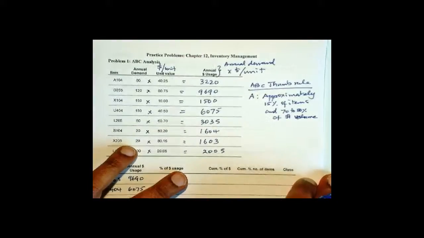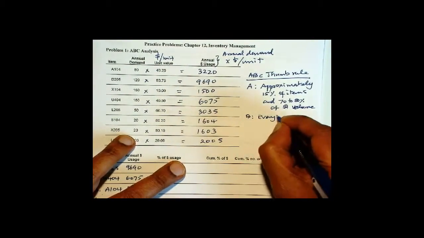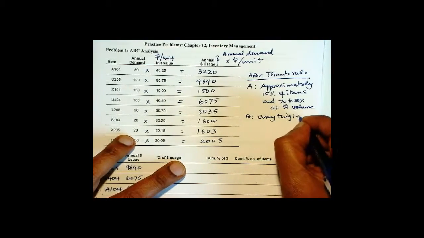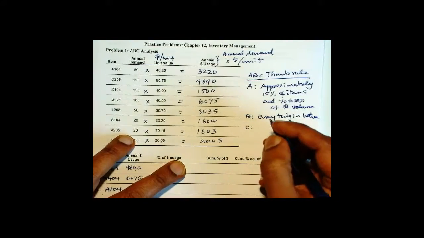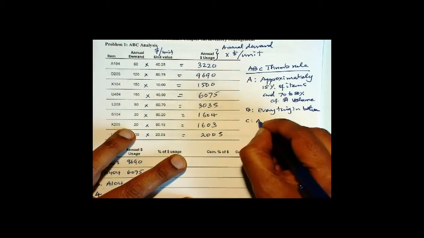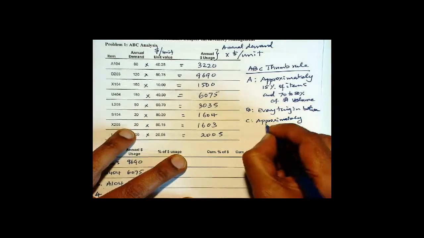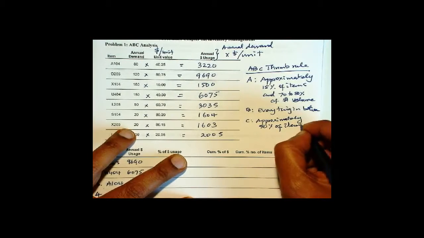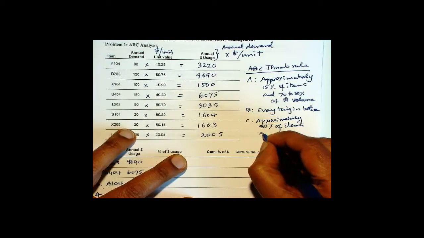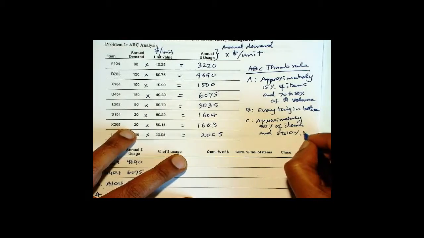Now, class B is everything in between. Class C is again approximately 50% of items and 5 to 10% of dollar volume.